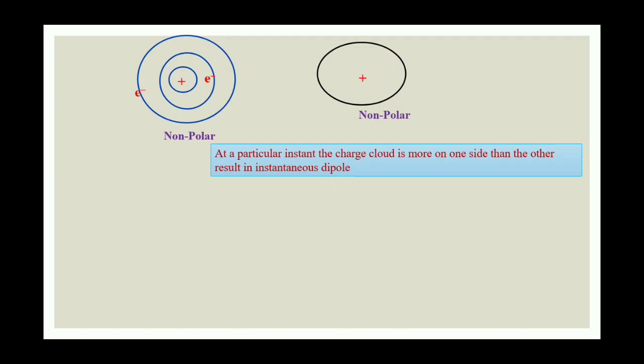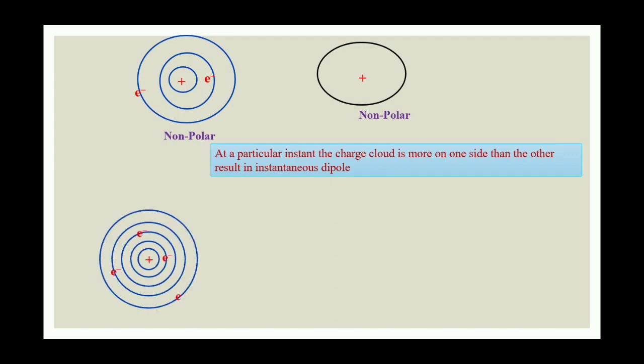At a particular instant, the charge cloud is more on one side than the other side, resulting in an instantaneous dipole. At one particular moment, what is going to happen? See, your electrons are here. At some particular point, what is going to happen? These electrons will come in such a way that they will be on a particular side, so you can see now the electrons are on the right side, so there will be a negative charge there, and simultaneously a positive charge will be on the other side.